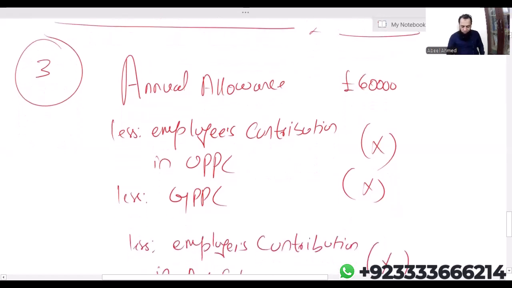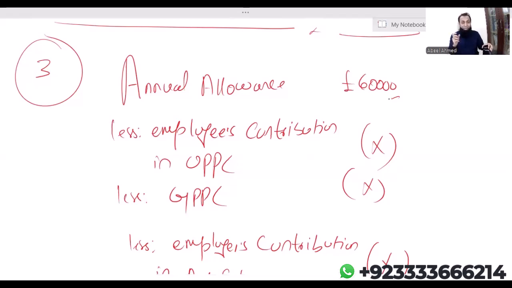Number one, the annual allowance limit is 60,000, and this is only applicable for those individuals who are members of a registered pension scheme, either an occupational pension scheme or a personal pension scheme, any one of them. In your syllabus, both registered pension schemes are there.